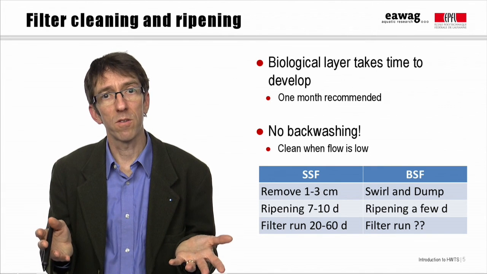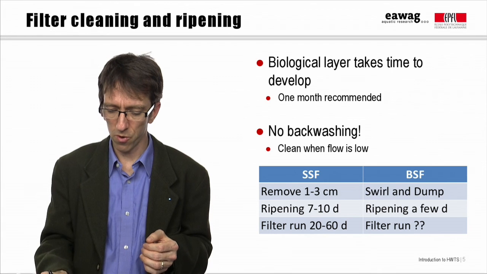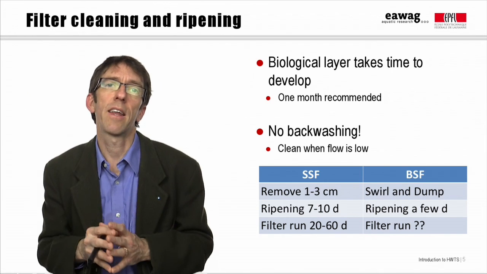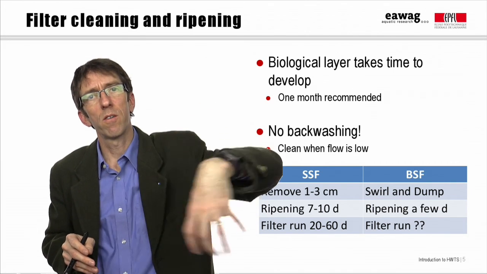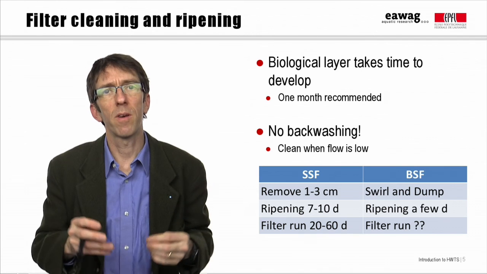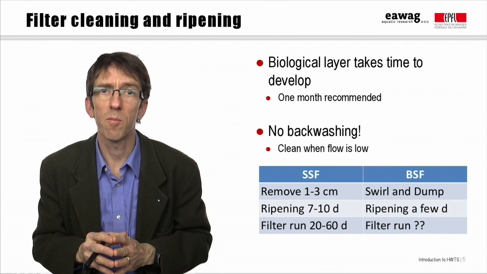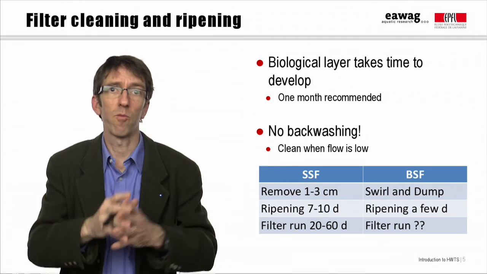For biosand filters, a slightly different approach is used, which CAWST calls swirl and dump. It's what it sounds like. A bunch of water is added to the inlet and then manually swirled around, breaking up any dirt that's in the first few centimeters of sand. And then that dirty water is dumped and removed.